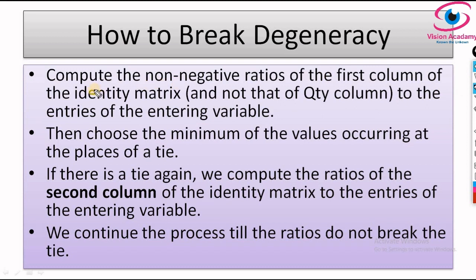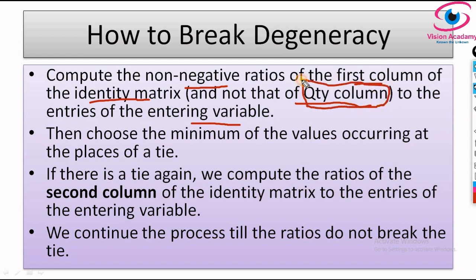Firstly, we have to compute the non-negative ratio using the first column of the identity matrix. Here we are not going to consider the quantity column. To find the replacement ratio, we normally divide the quantity column by the entering variable column, but here we won't consider the quantity column.